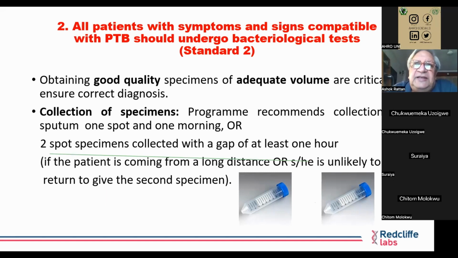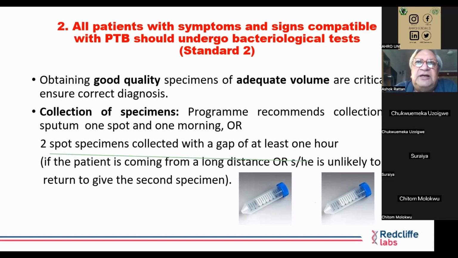And in early stages of infection, it is a good practice to give a plastic tube to the patient to take home and sleep with the tube, so that next morning, when the patient gets up and clears the throat and the bronchial tree in which secretion would have collected, he would then bring out the sputum, and that should be collected.